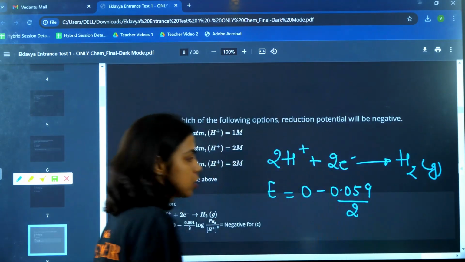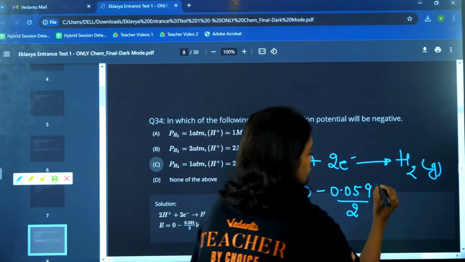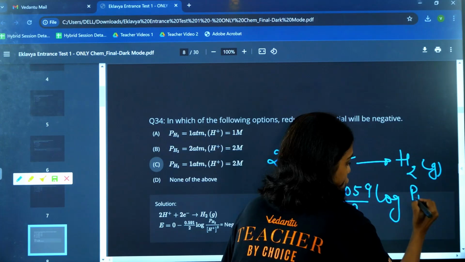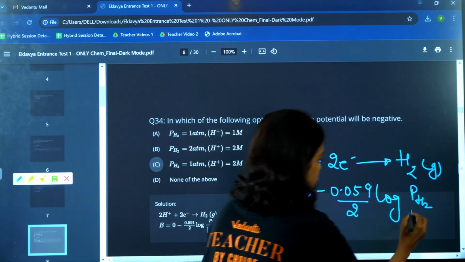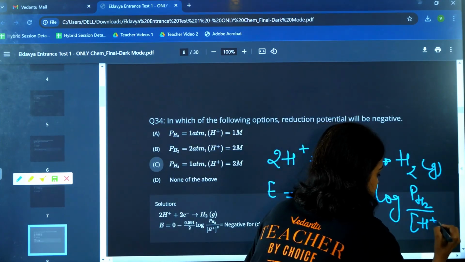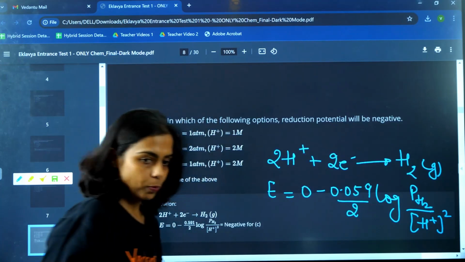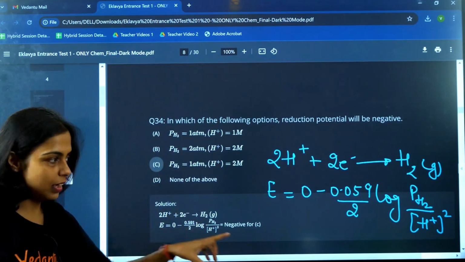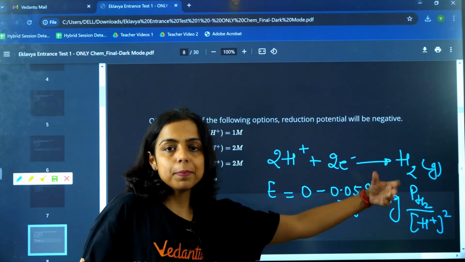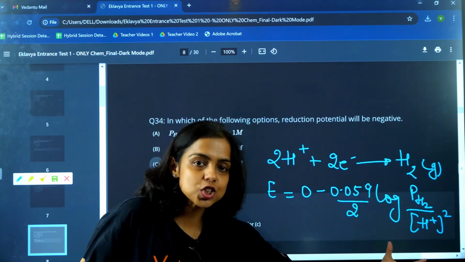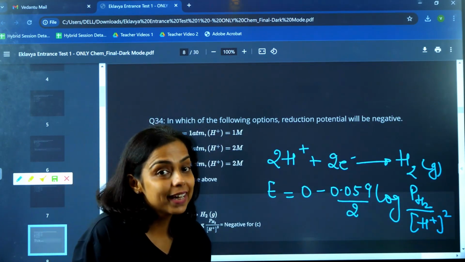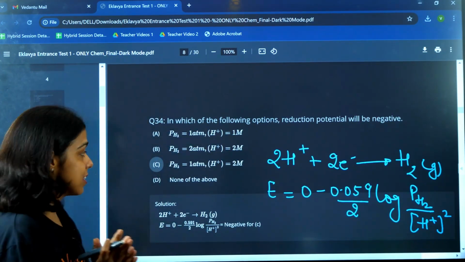The number of electrons is 2, right? Log of pressure of H2, that is given in every option, upon the concentration of H positive raised to power 2. Now, putting the values in this Nernst equation for pressure of hydrogen and the concentration of H positive, you can get where you are getting the negative answer, right?